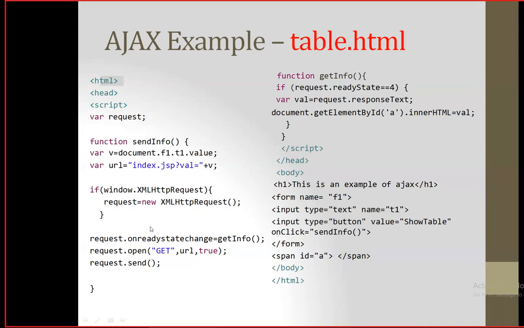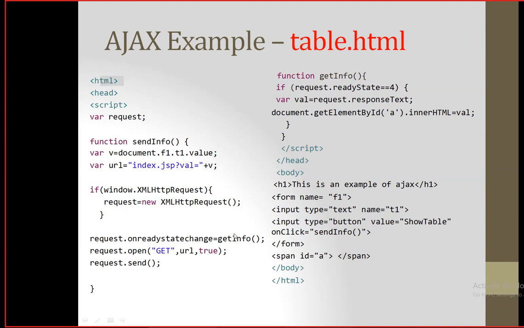Then once that is created, we are going to check the state of the request object. It has 5 states altogether, from 0 to 4. Whenever it is ready, we are going to execute another function.